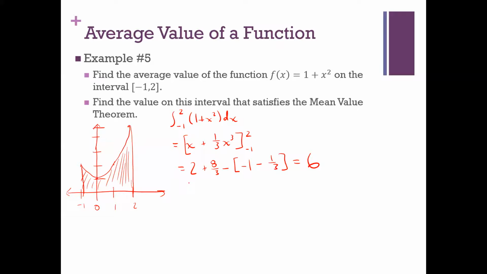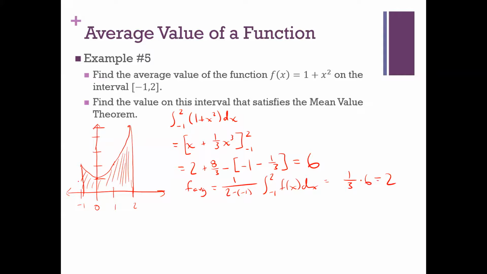Right, so to get the f average, I want to take 1 over b minus a, so 2 minus -1, times the integral from -1 to 2 of f of x dx, which is equal to 1/3 of 6, which is 2.